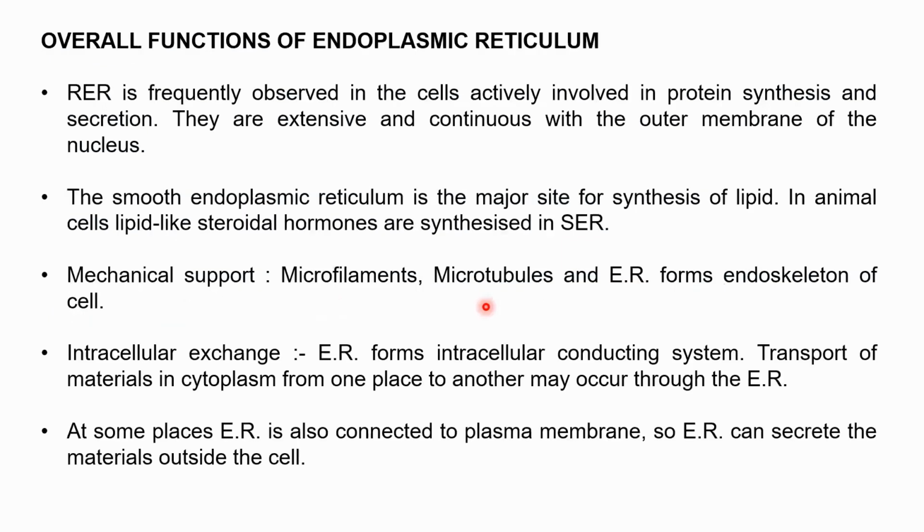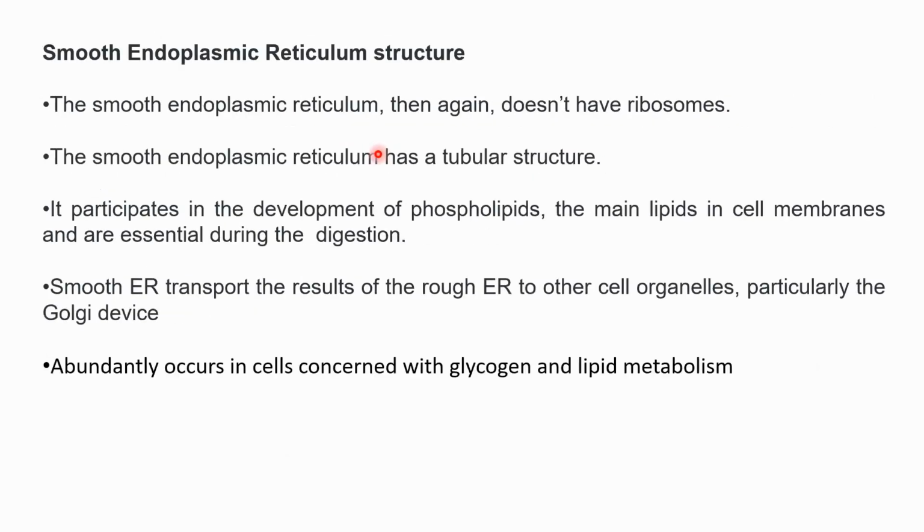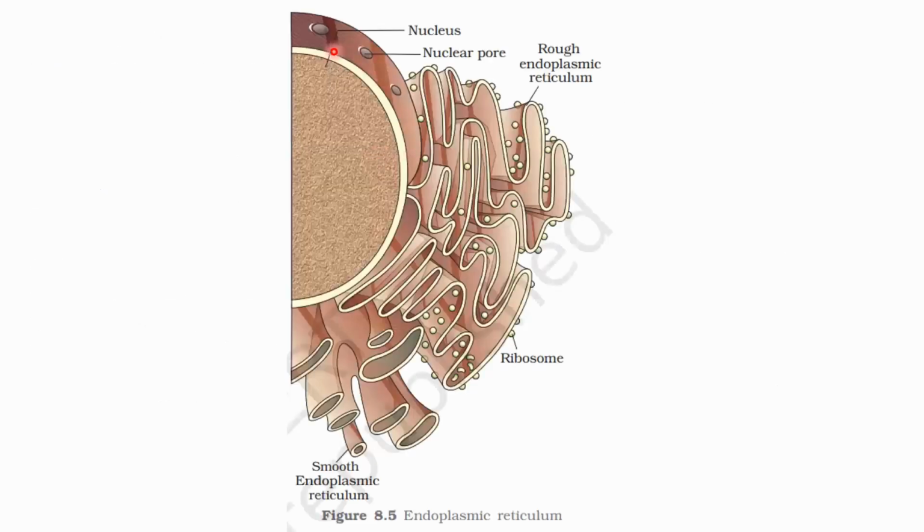Now, what are the overall functions of endoplasmic reticulum? Rough ER is frequently observed in the cells actively involved in protein synthesis and secretion. They are extensive and continuous with the outer membrane of the nucleus. So this is what I was mentioning also, that these are connected to the nuclear envelope, and these are extensions that protrude from the nuclear envelope.